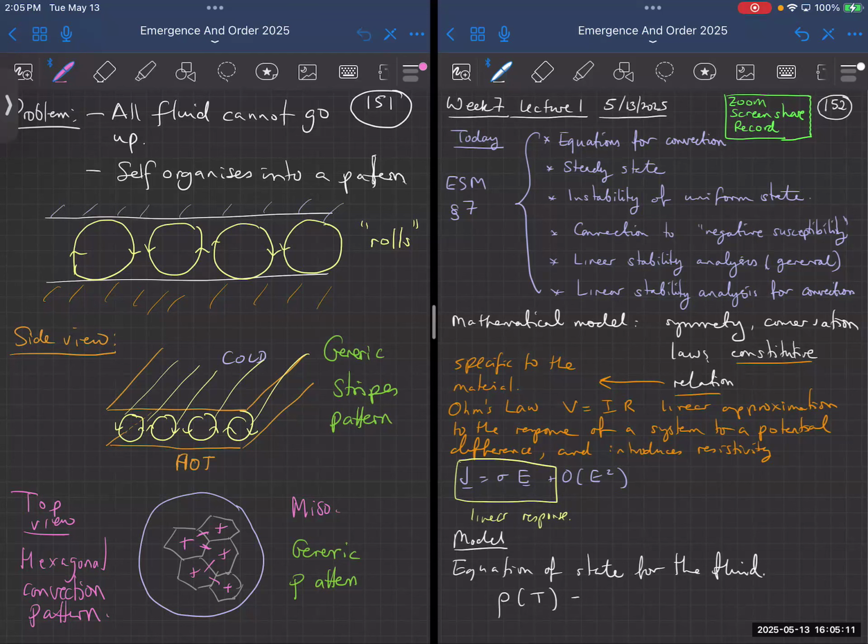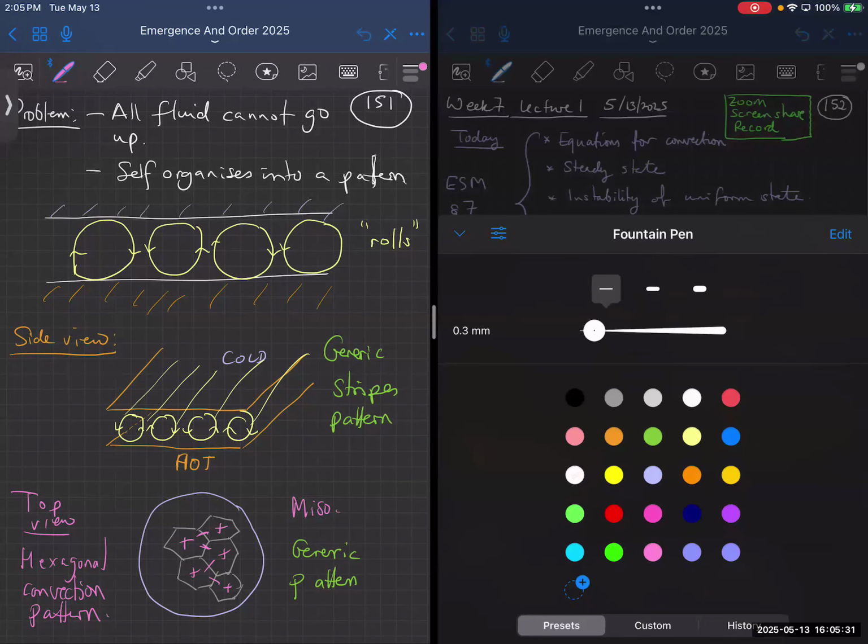What we're going to assume is that we can write that as some reference density rho bar, and then something that depends on the coefficient of thermal expansion, and then T minus the reference temperature. So this is going to be our approximation for that.